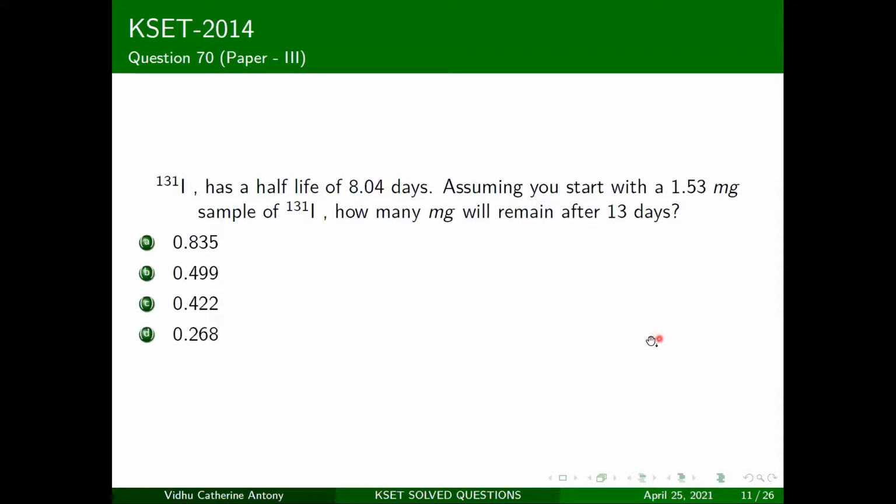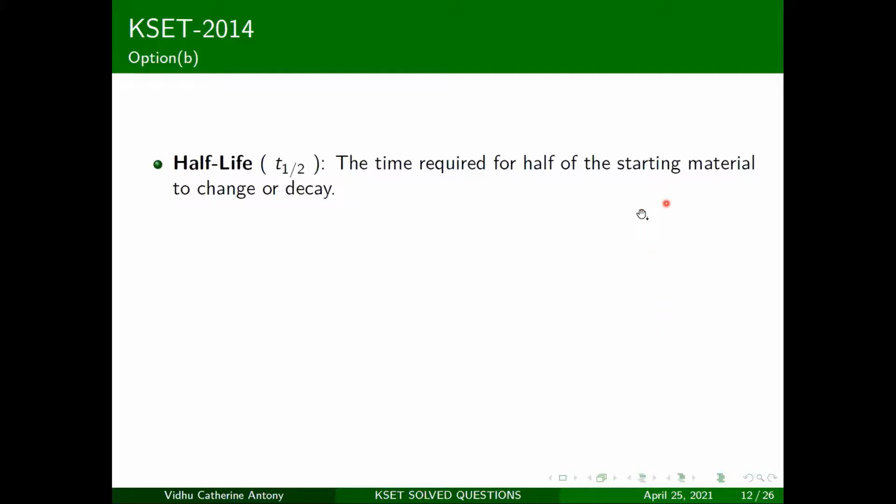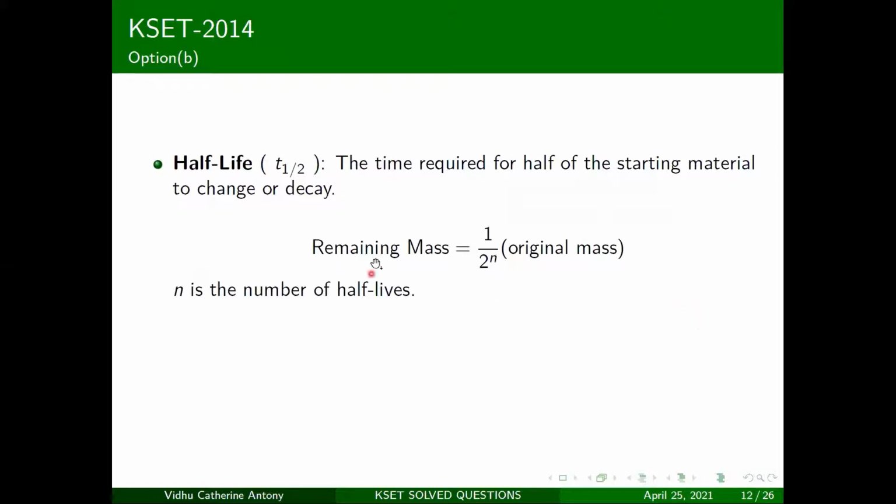Let's try to remember the basic half-life definition. Half-life is the time required for half of the starting material to decay or change. So the remaining mass is 1 divided by 2 power n times the original mass, where n is the number of half-lives. So n is the time that has passed divided by your half-life.